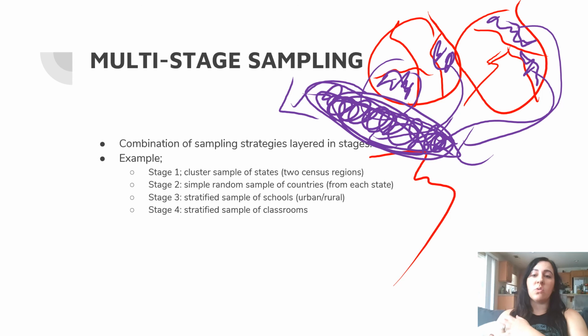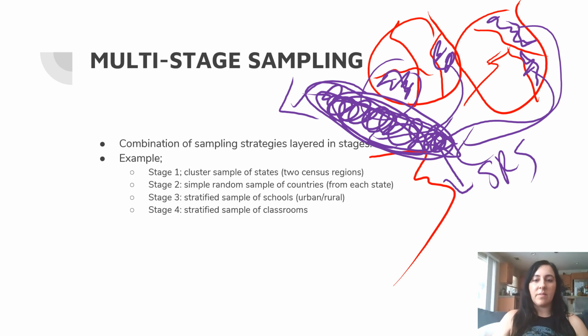Then stage 2, we take this and we do simple random sampling with this. Well, maybe we could do that with each different state within this sample. Okay, so we'll do some simple random sampling, and we all remember how that was.